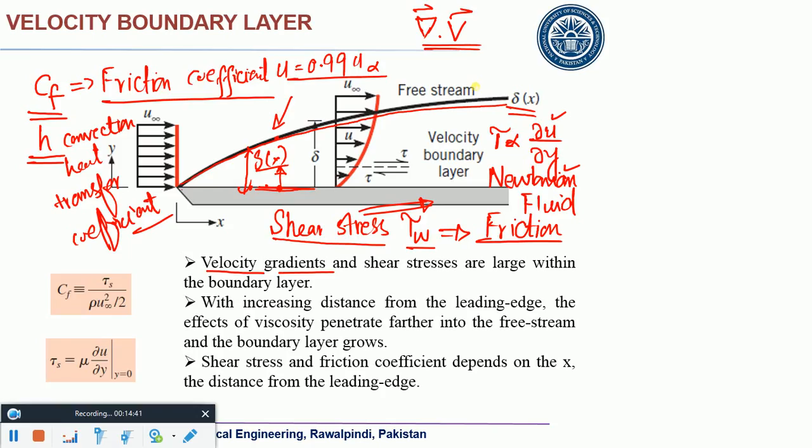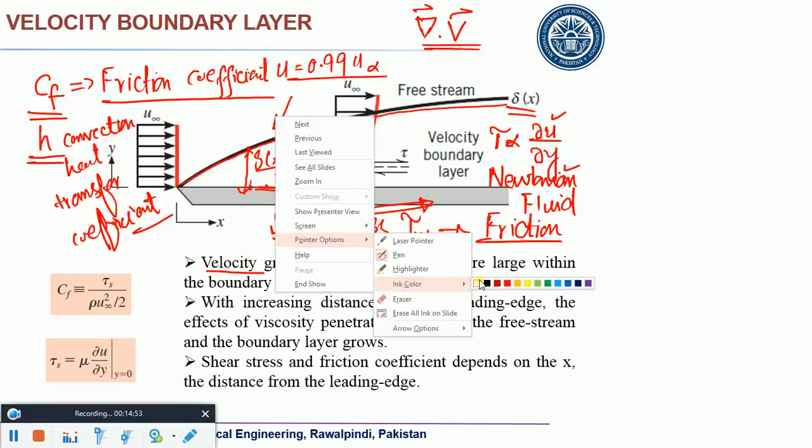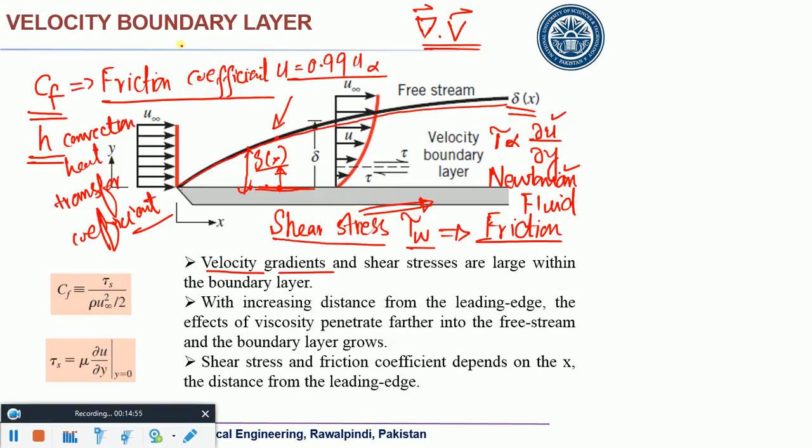So just see, velocity gradients and shear stress are large within the boundary layer. If you go outside the boundary layer, let's say there is some point over there with velocity u2 and some point over there with velocity u1.